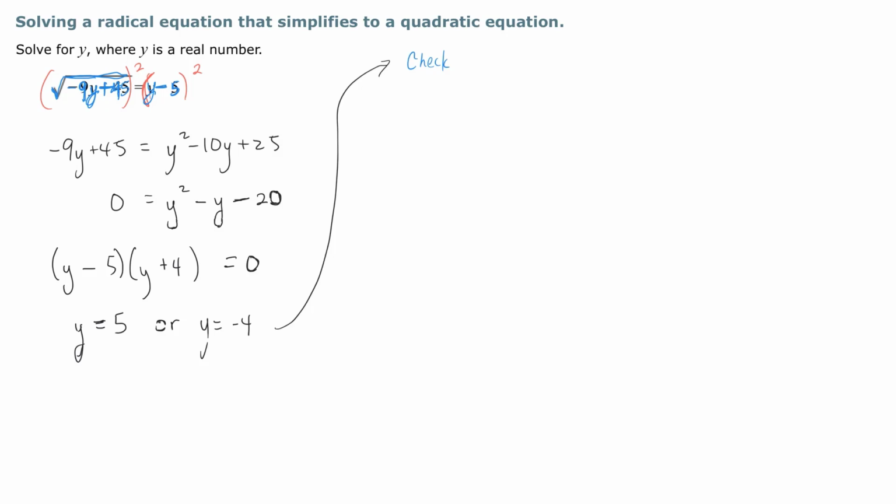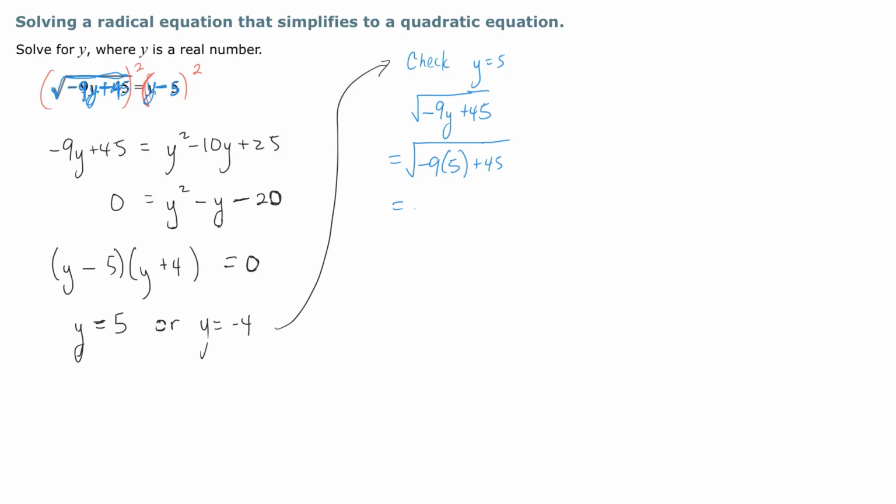Let's take y equals 5 and we're going to check it for this expression. Negative 9 times y plus 45. Is that in fact equal to? Well, let's figure out what it's equal to. Negative 9 times 5 plus 45.